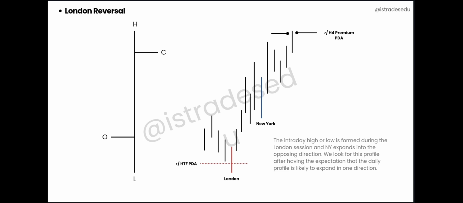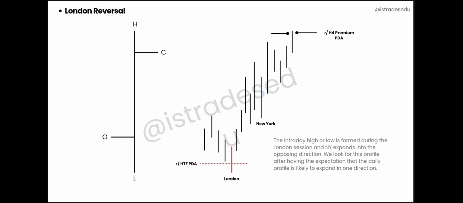These mechanisms help us to frame a bias on what the daily candle is likely to do for that day. This is what we call the profile.